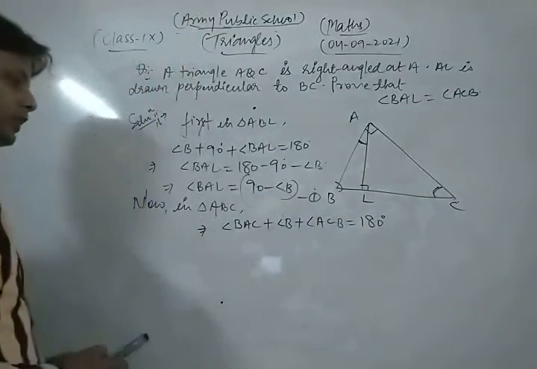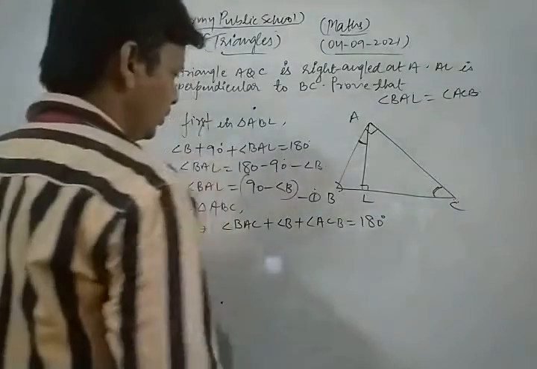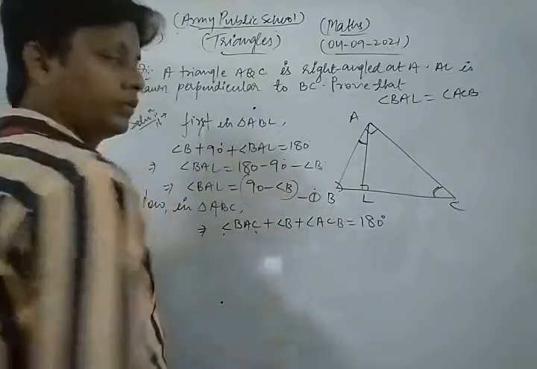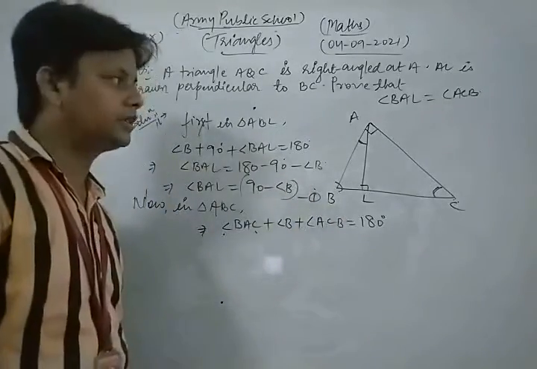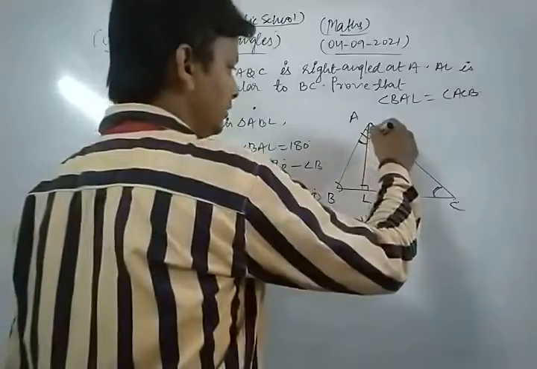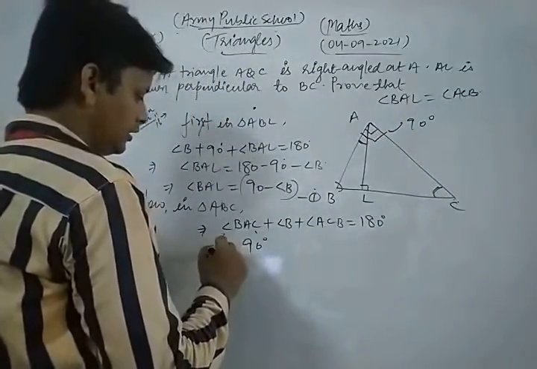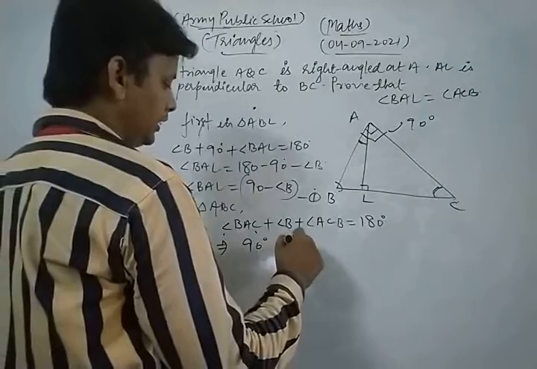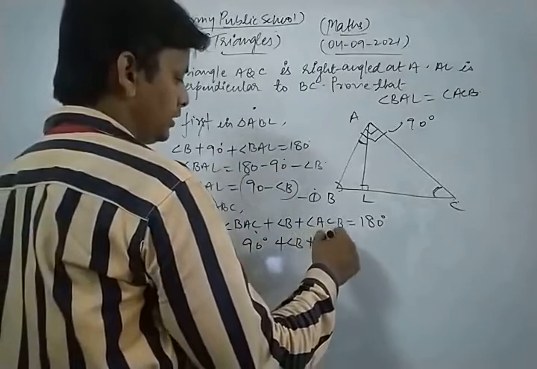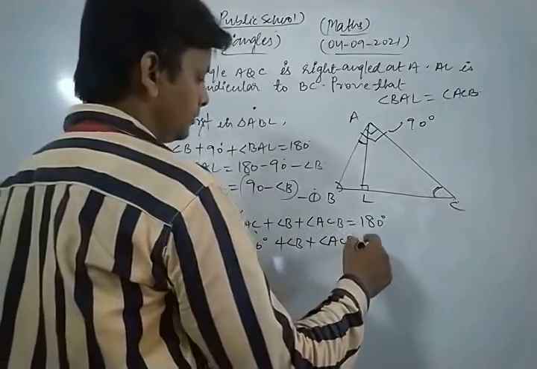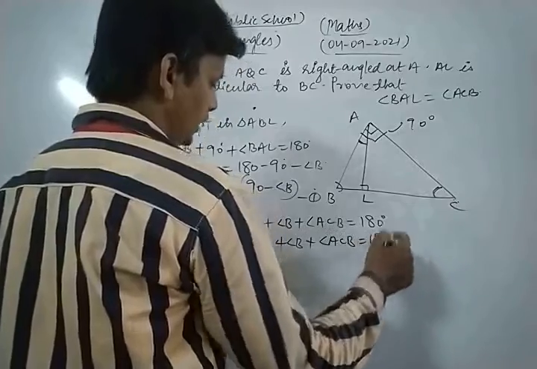Now, according to our question, angle BAC is 90 degree. So here we put 90 degree plus angle B plus angle ACB is equal to 180 degree.